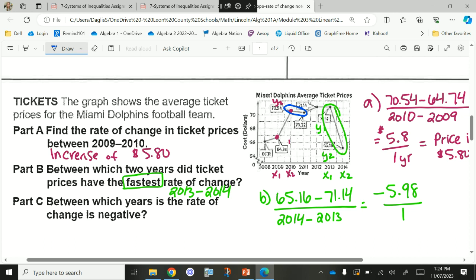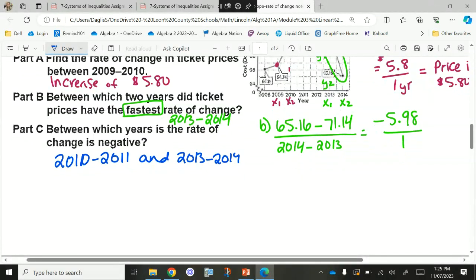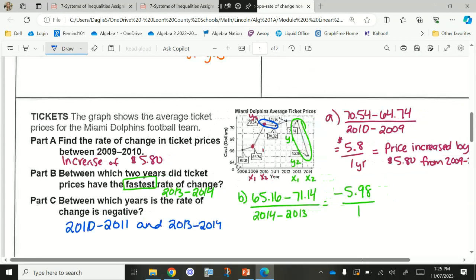So between the years 2010 to 2011, and 2013 to 2014. So to have a negative rate of change, what does that mean about my ticket prices?